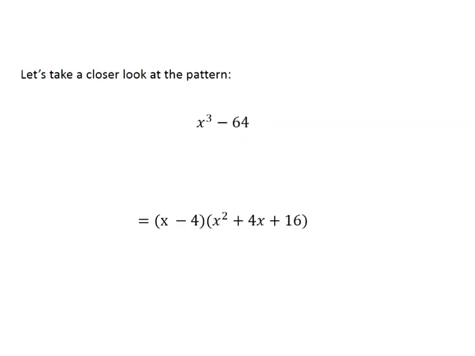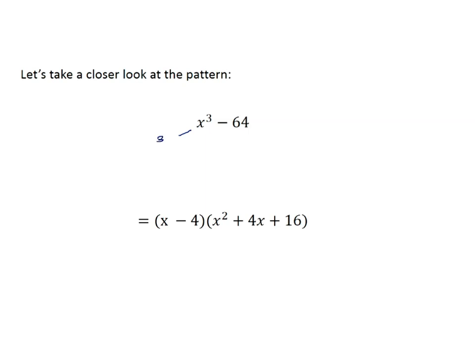So now let's take a closer look at this pattern and see if we can figure out what's going on. Well, what I see right away is, much like the difference of squares pattern where I had to find the square root of the first term and the square root of the second term, here I have a difference of cubes.